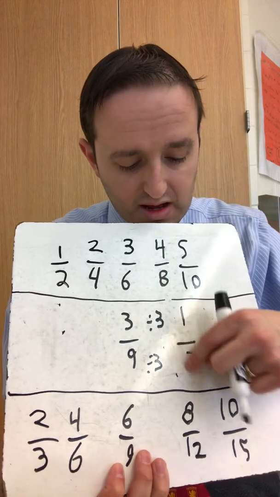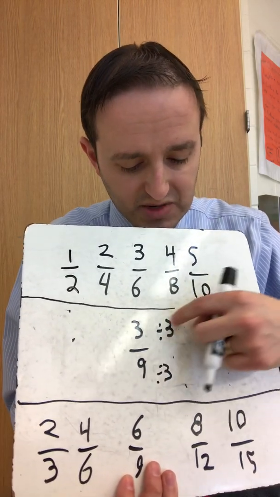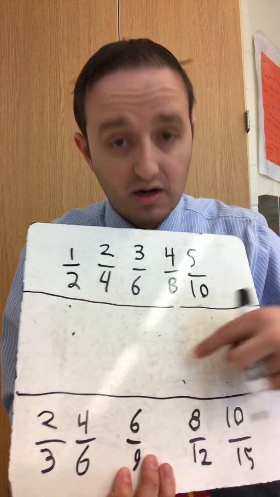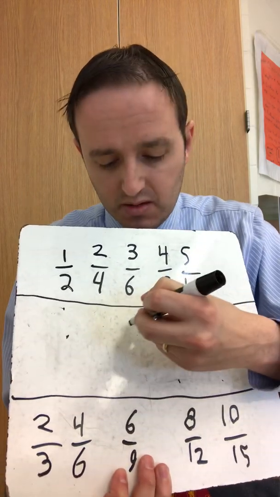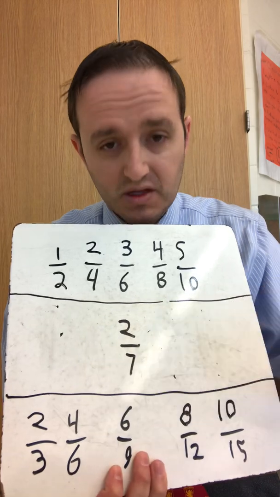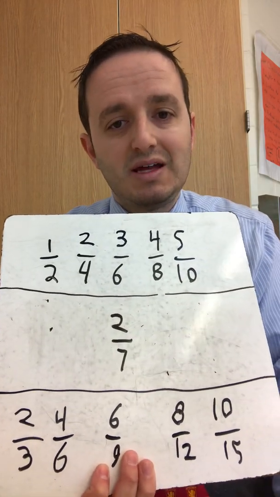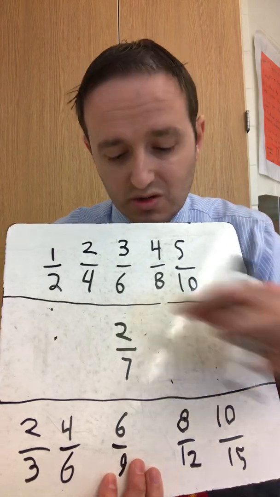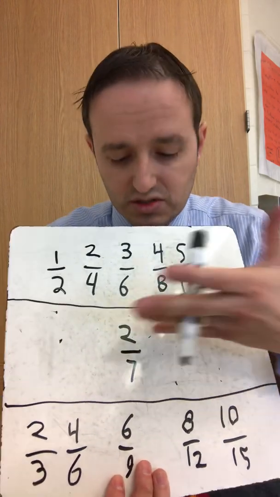So like I said, another way that you can find equivalent fractions is by identifying what same number goes into the numerator and the denominator. But let's say you have a fraction like 2/7. Well, 2/7 doesn't have any number that 2 and 7 both go into. 2 doesn't go into 7, so you could not do that. So this is your smallest one.